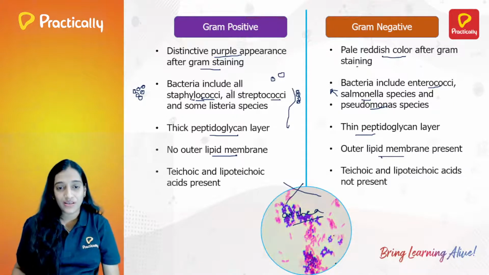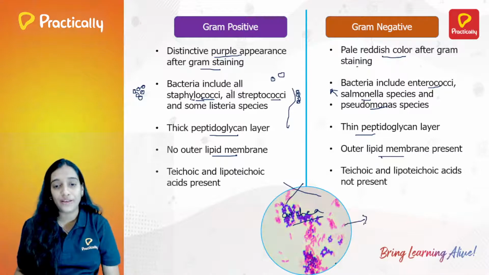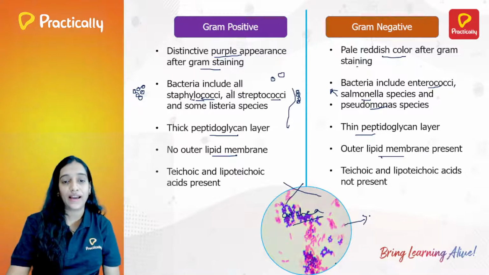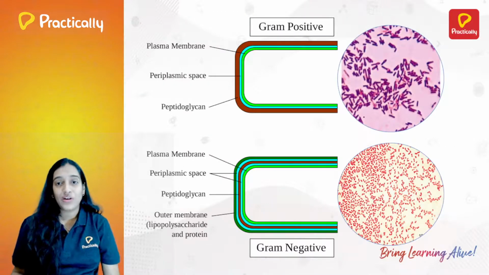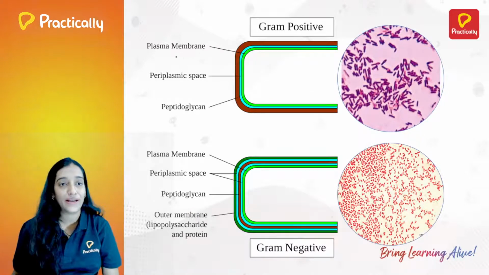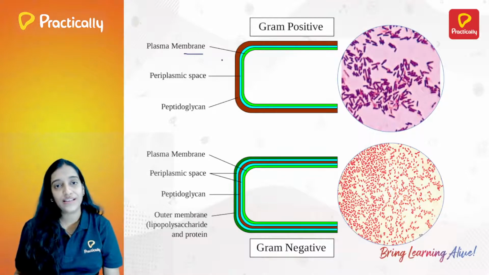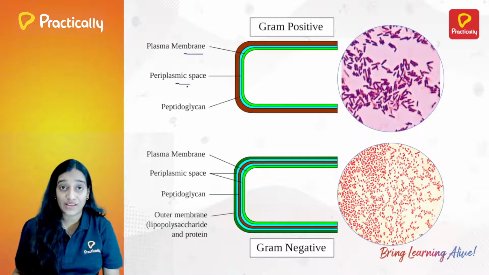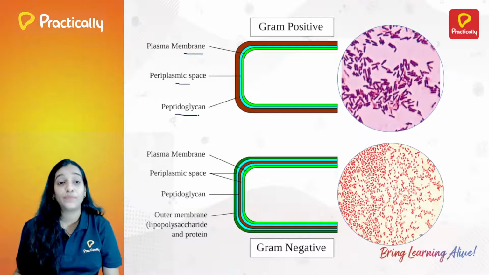Okay, so this is how the stain will look like, pink and purple. This is the difference between gram-positive and gram-negative. Plasma membrane is present in gram-positive. Periplasmic space is present in gram-positive, as well as peptidoglycan.